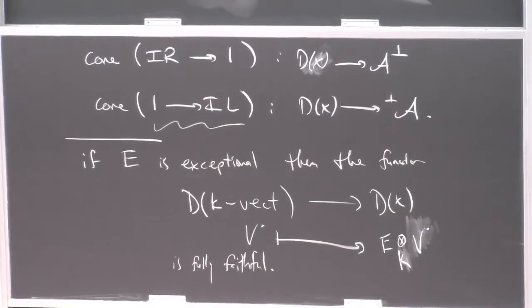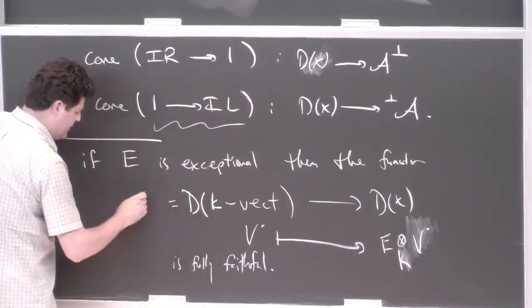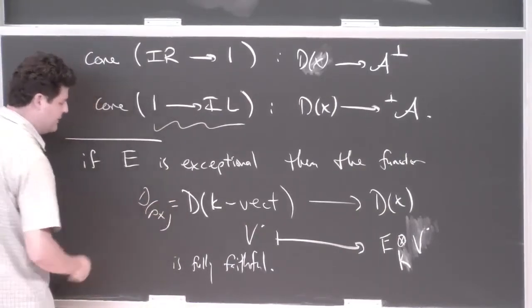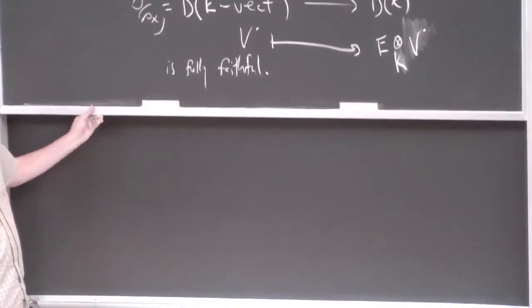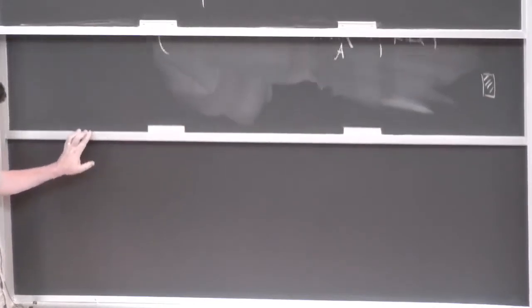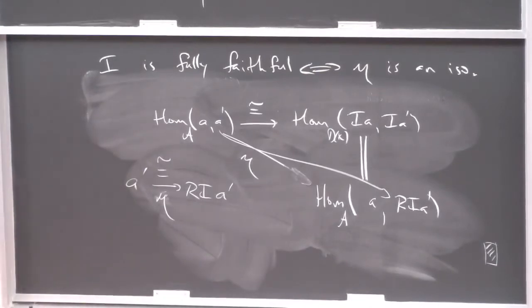Right, but I want to think of this, by the way, as the derived category of a point. So earlier we said if you have a fully faithful functor from the derived category of one space to another, then the image is an admissible subcategory.